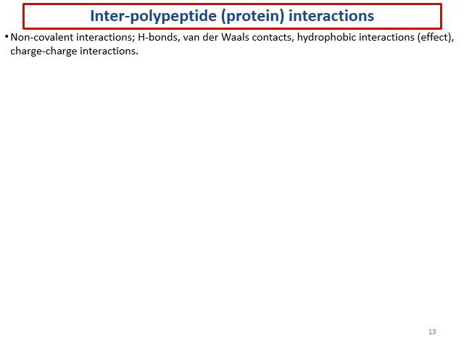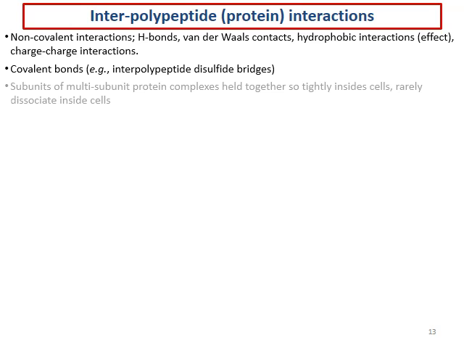We have non-covalent interactions that can mediate these interpolypeptide interactions, including hydrogen bonding, van der Waals forces, London dispersion forces, charge-charge interactions, among these. There can be covalent bonds that cause interpolypeptide disulfide bridges. The subunits of multi-subunit protein complexes are held together so tightly inside cells that they rarely dissociate inside cells.